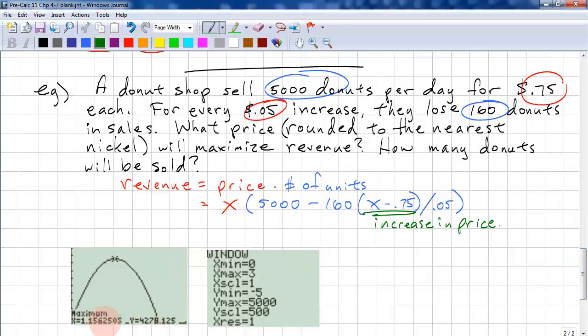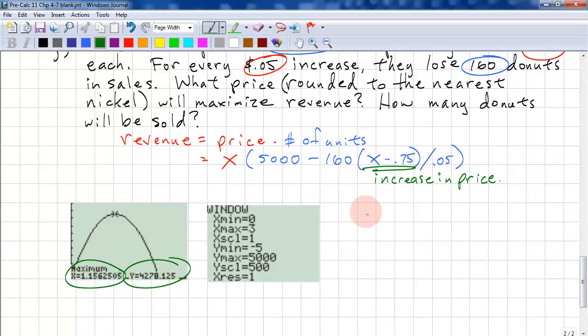Okay, so it tells us what the maximum is here. It's the same value. But we need to round it to a nickel. We need to test both $1.15 and $1.20. We need to check the rounding on both sides. So we're going to test $1.15 and $1.20.